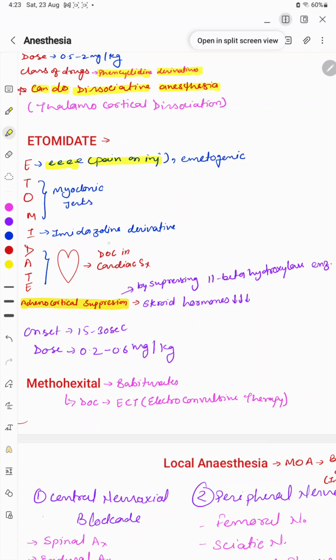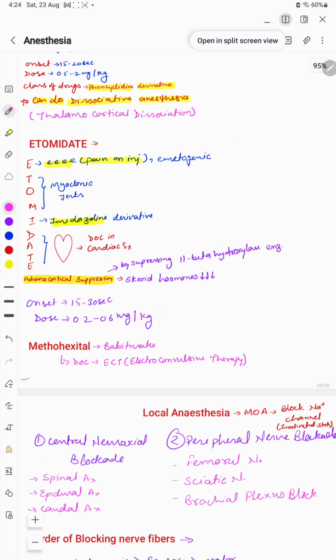I is for imidazole derivative. Can you tell me the name of the imidazole derivative amino acid? You can comment when you know. And D, like going on a date with the heart: it is the drug of choice for cardiac surgery.